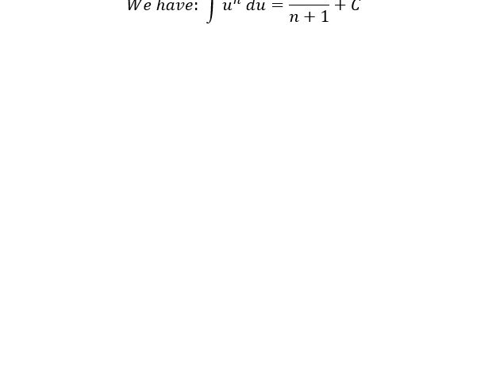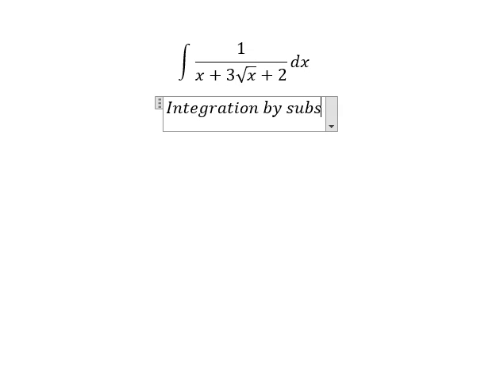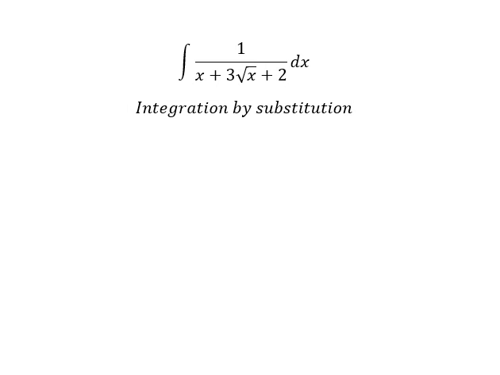Now let's go to the next one. We need to use integration by substitution. So I will put s equals u squared because I want to cancel the square root.